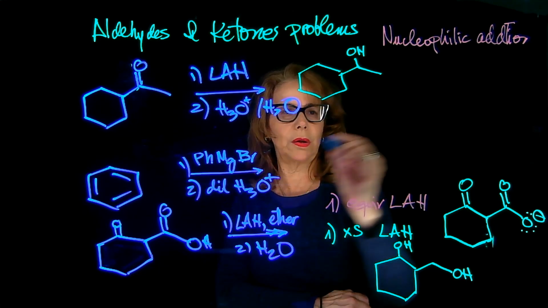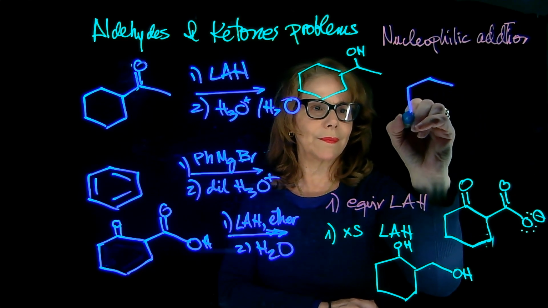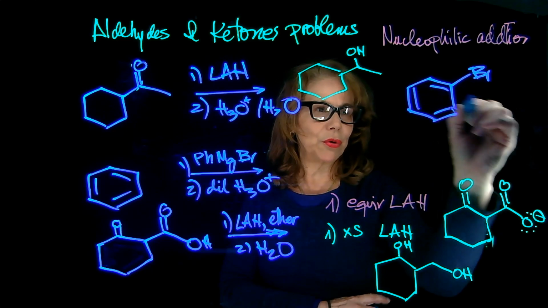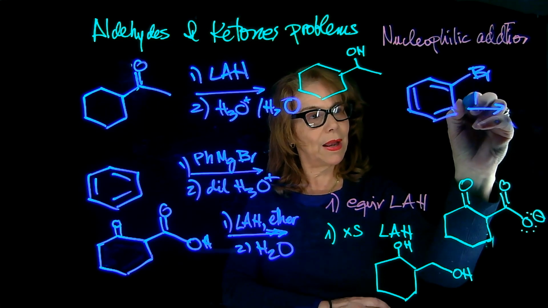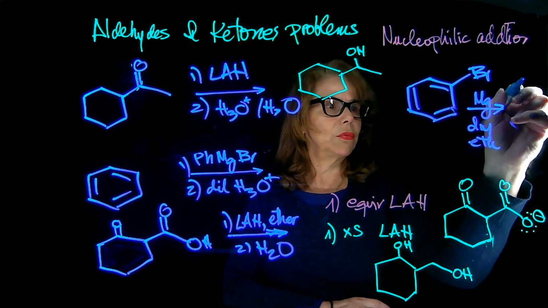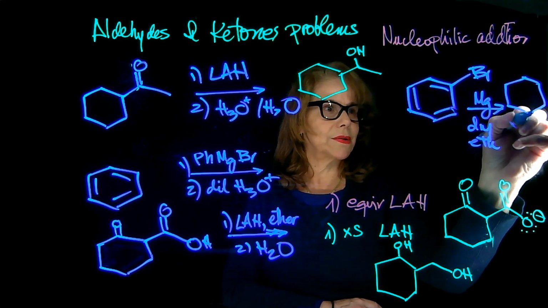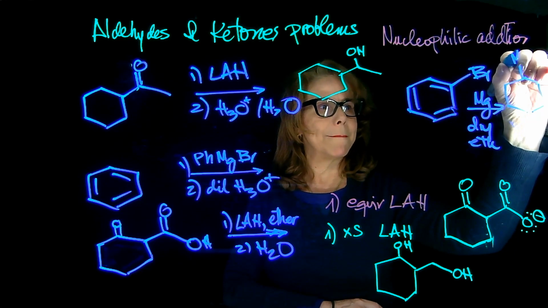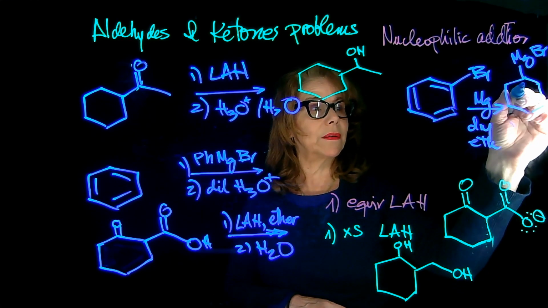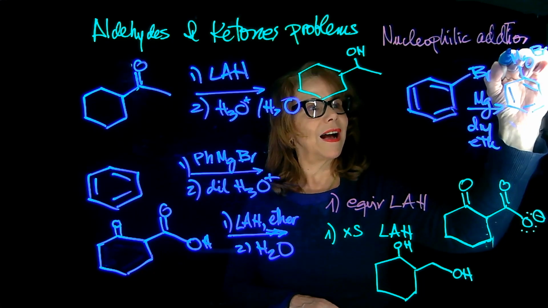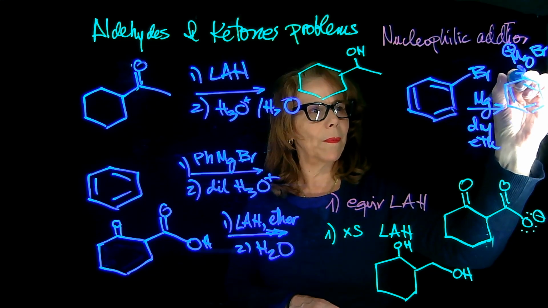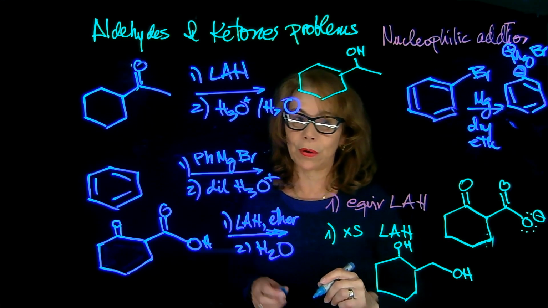So you will start here with bromobenzene, and when you put it with magnesium in dry ether, you will make the reagent. So I'm going to have phenyl magnesium bromide. Essentially, we can write this as an intimate ion pair. And now that's a powerful nucleophile.